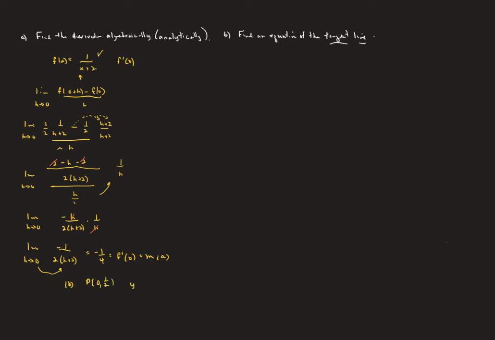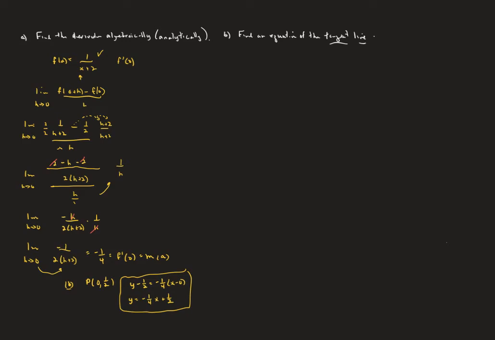And so our tangent line is going to be y minus 1/2 is equal to our slope, which we just said was -1/4, times x minus 0. Well, we can hardly resist cleaning this up a little bit. So y equals -1/4 x plus 1/2. Either of those is our answer to part B.